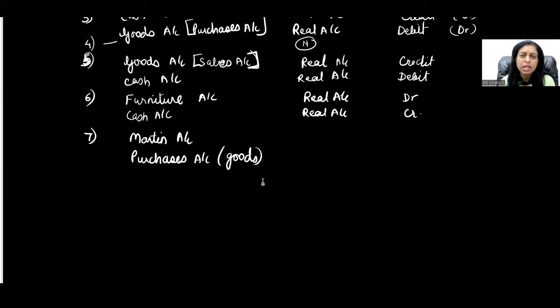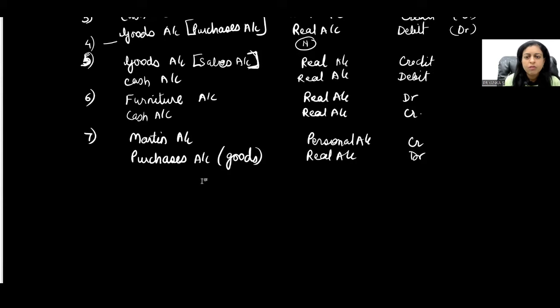The amount will be paid later. So here now Martin's account will be personal account. And what about purchases or goods account? We are taking it as real account. So Martin is the giver, giver's account credit, purchase of goods debit. Fine. So one part of the transaction is debit, one part of the transaction is credit.